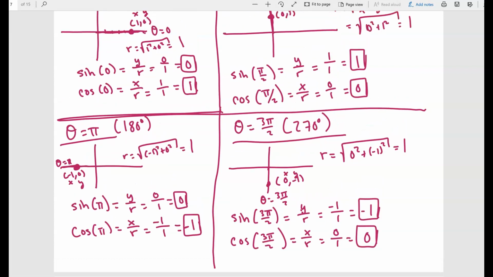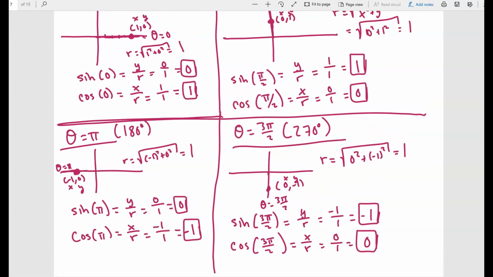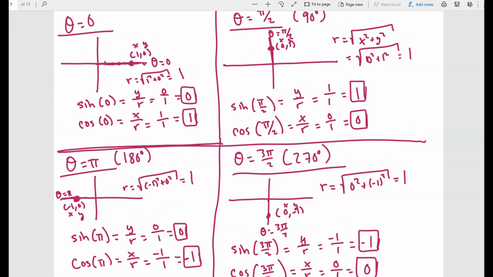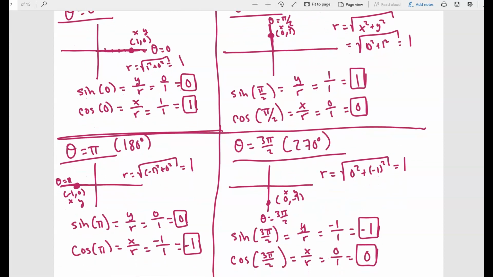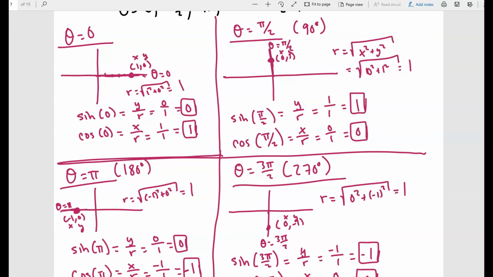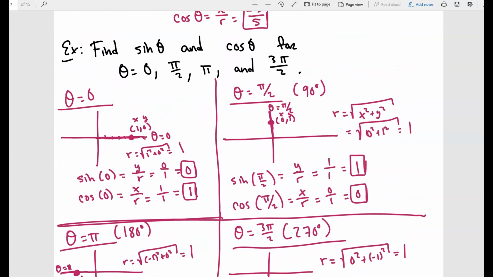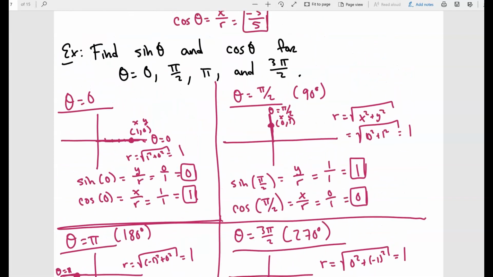Okay, so this was a lot of work, but notice that it's exactly the same thing. And yes, of course, your calculator actually does have sine and cosine. Now, one of the things that you have to be able to do is make sure that your mode is in radians, and I'll do a video on how to convert from radians to degrees.